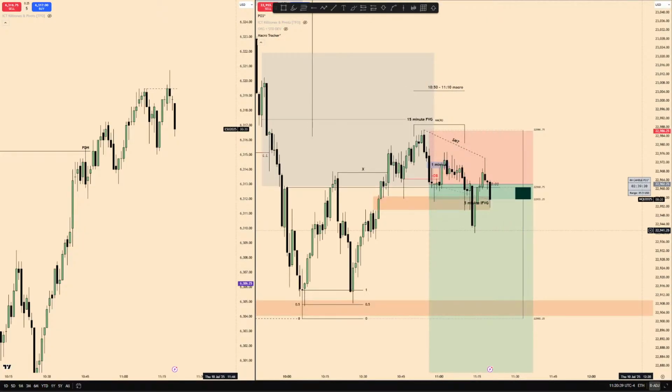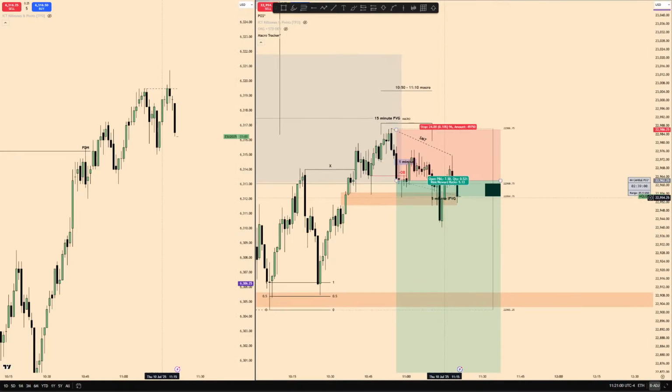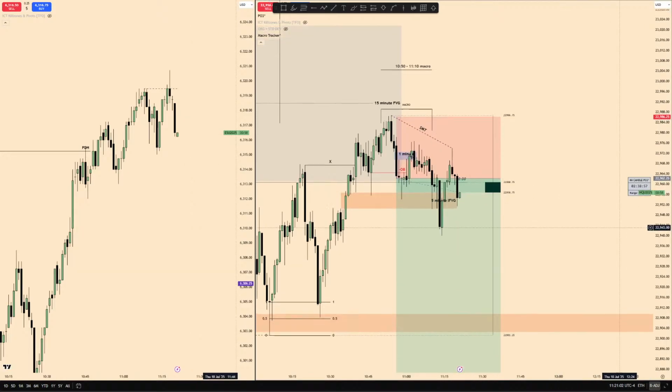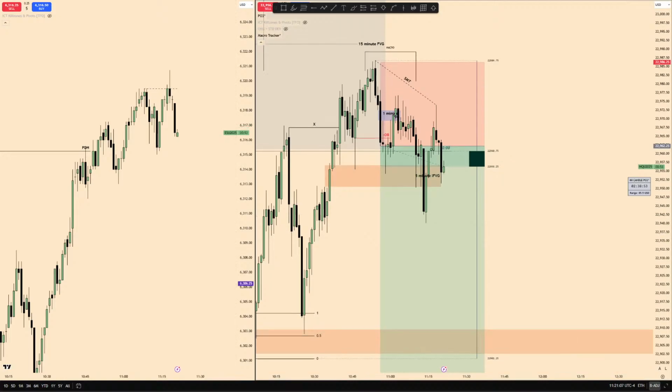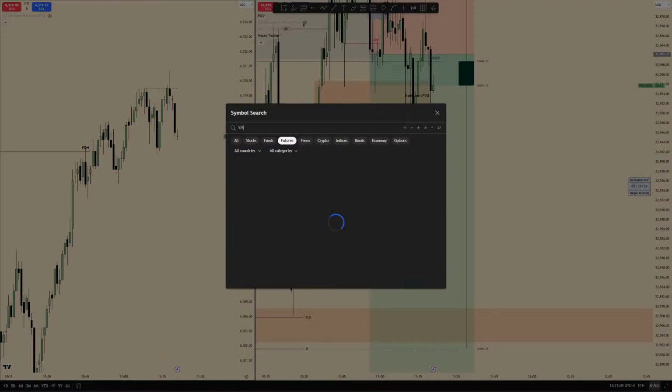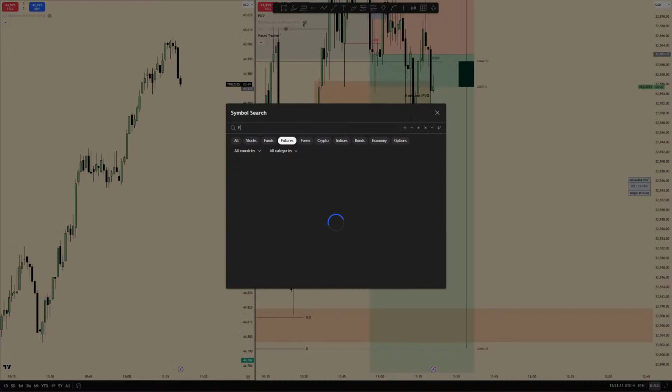Need a big black candle to the south side. What do you guys think? Why is something actually got a down candle.